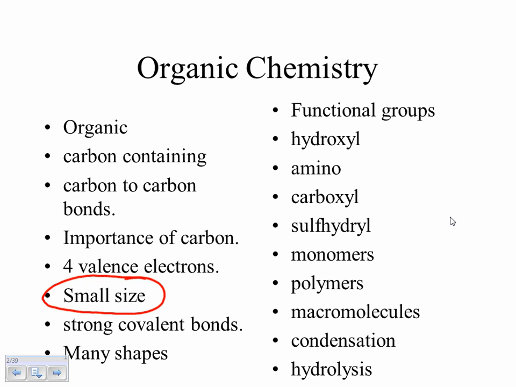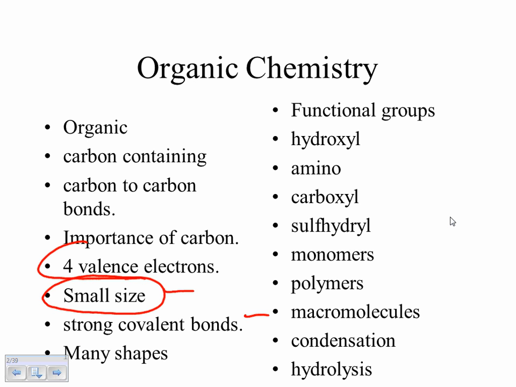What that means is that the shared electrons that carbon is going to share with other atoms are going to be very near to the nucleus of the carbon atom, where the protons are, which means they're very strongly held onto. The bond is very, very strong. So because it's a small atom, carbon forms really strong covalent bonds. That makes it a good building material because it can make compounds that are very hard to break.